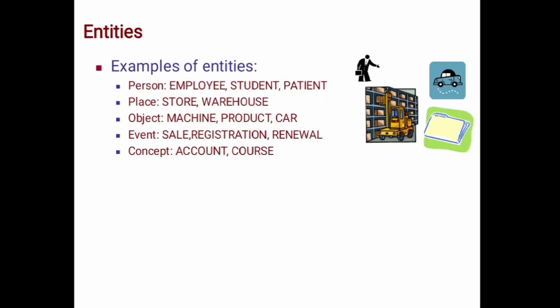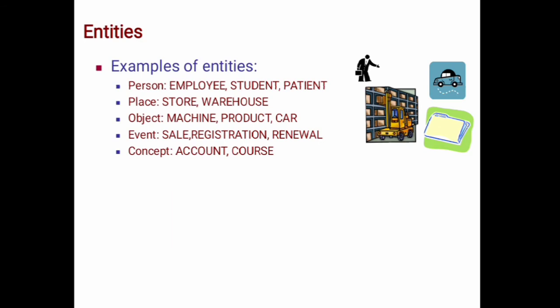There are some examples of entities which include categories like person, which has entities employee, student, patient. These are all entities. Place has entities like store, warehouse. Object has entities like machine, product, car. Event has entities like sales, registration, renewal.